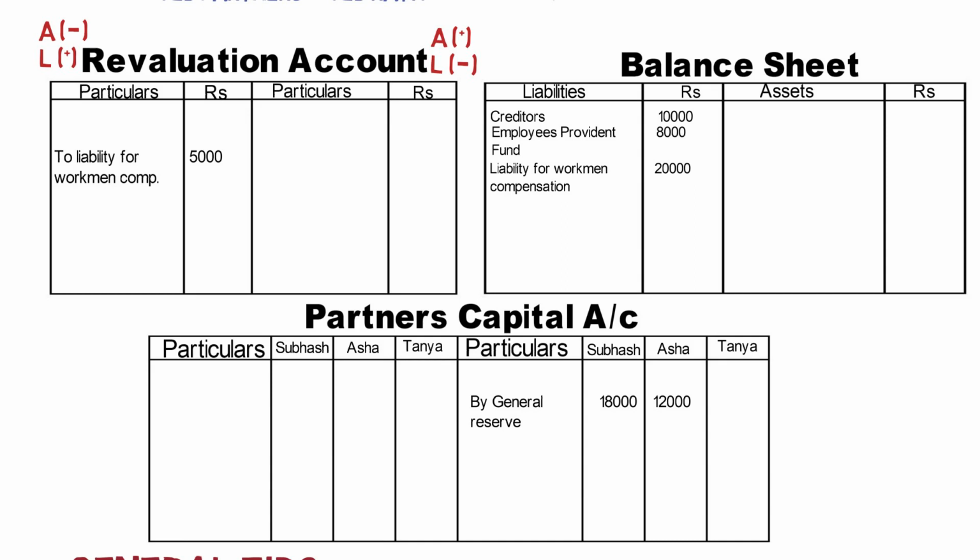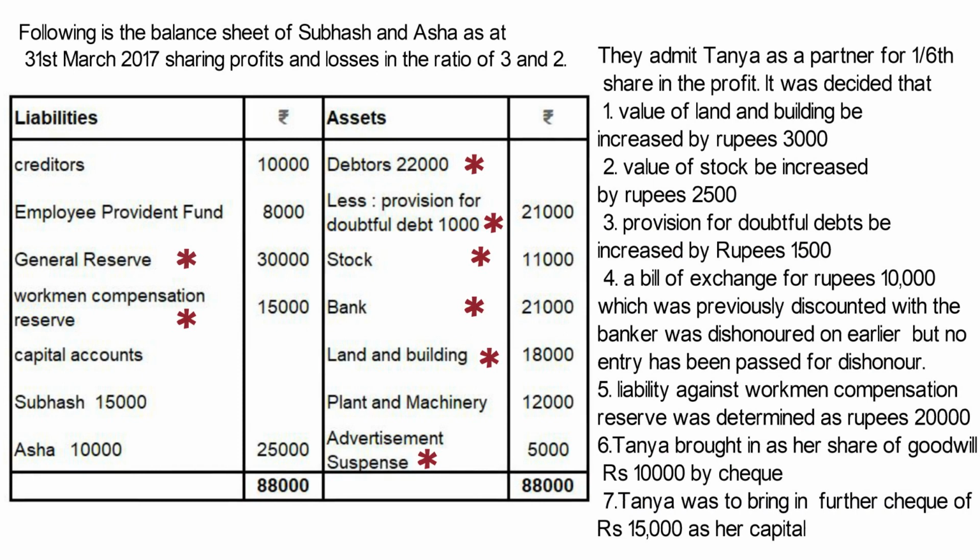Next, Partners Capital Account. Record the value of capital accounts in the capital account table. Debtors of Rs 22,000. There is an adjustment for debtors. That is, a bill of exchange of Rs 10,000 which was previously discounted with the banker was dishonored on 31st March 2017, but no entry has been passed for the dishonor. Since no entry has been passed, we will have to pass the entry now and give the effect in the balance sheet.